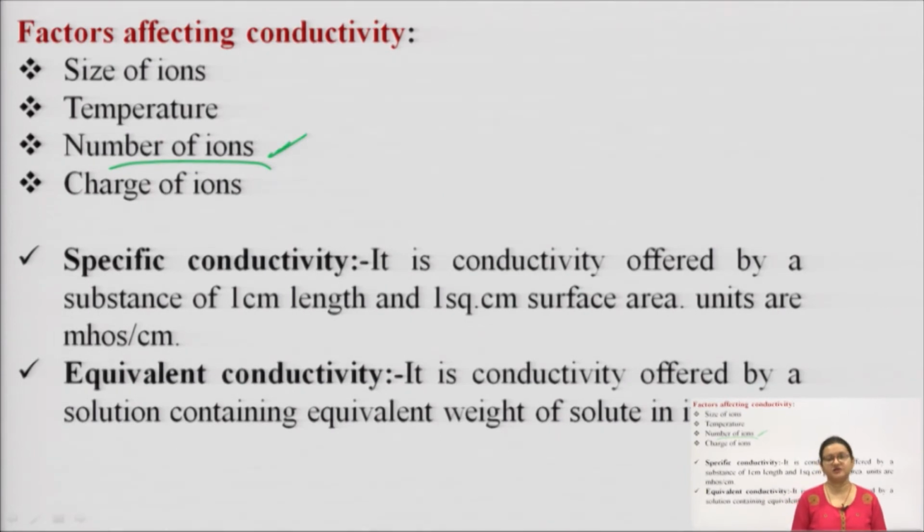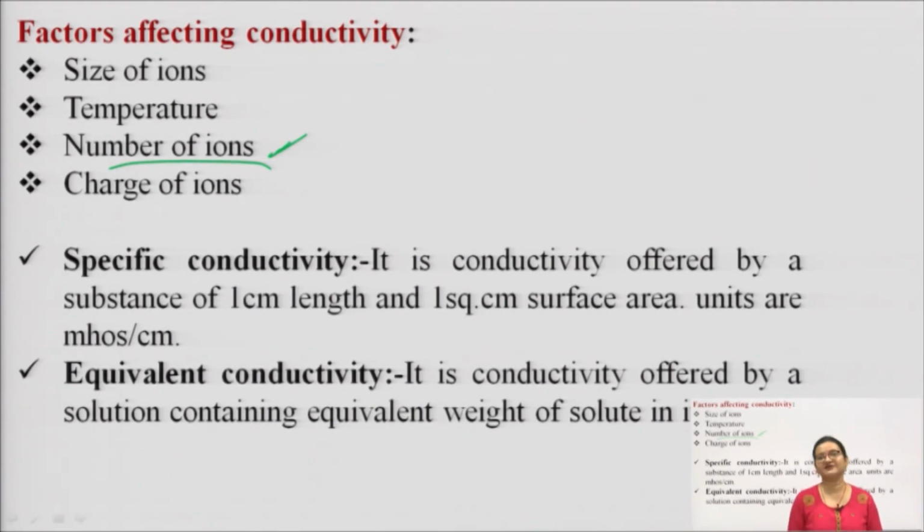Yes, the generated current or generated voltage definitely depends upon the number of charges or number of ions in the analytical solution. That is why if the concentration changes, the current generated will change, or vice versa.